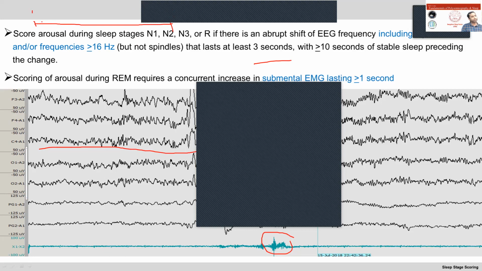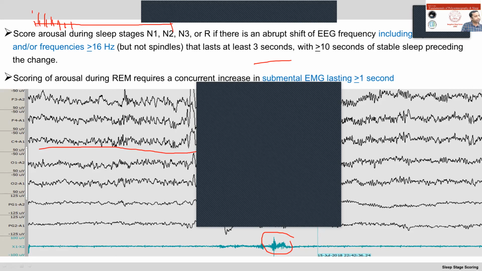I cannot say this whole sleep is one thing. I need to cut it into small parts, epoch-wise, and I have to tell, this is N1, this is again N1, this is N1.